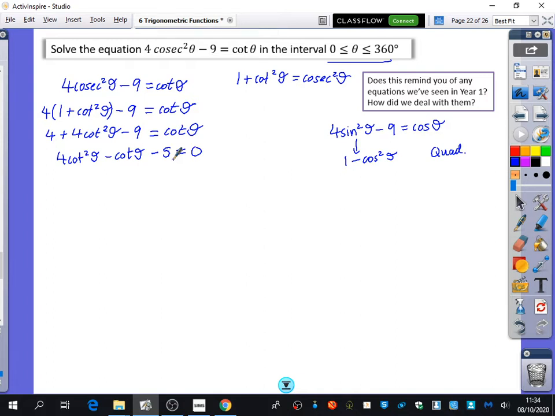And I'd like you to tell me what you get for the solutions for cot theta here. 5/4 and -1. Good. So you get 5/4 and -1.